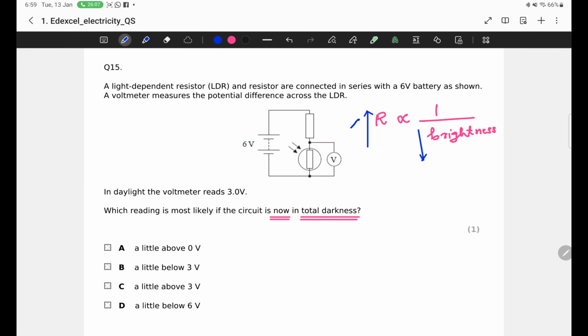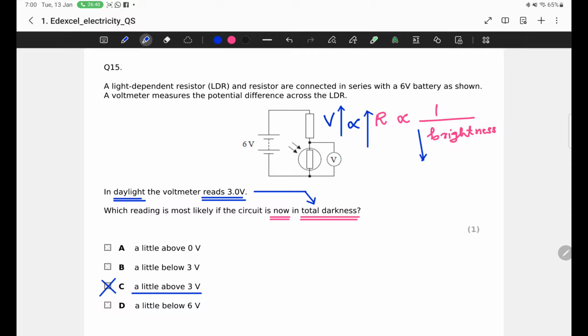And according to Ohm's law, if resistance increases, then its voltage will increase. In daytime, the voltmeter reading was 3 volt, but in the dark room, its voltage will increase. So the right answer will be C.